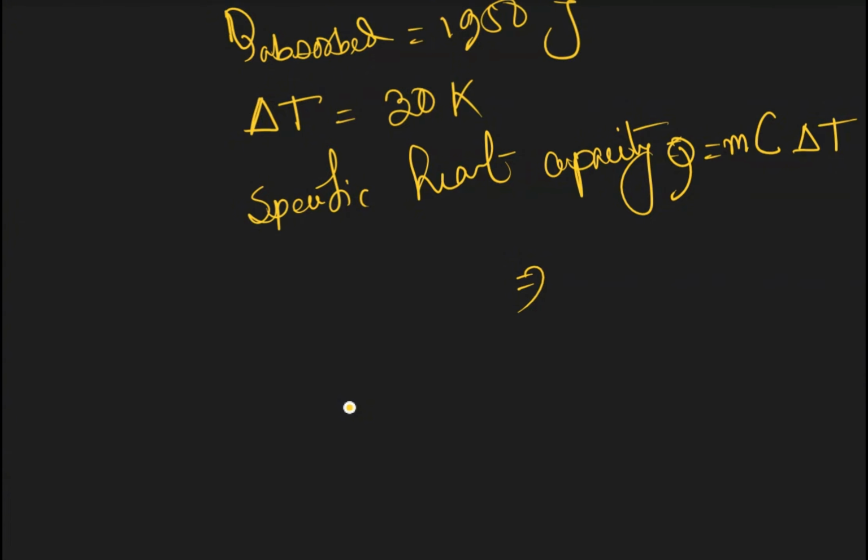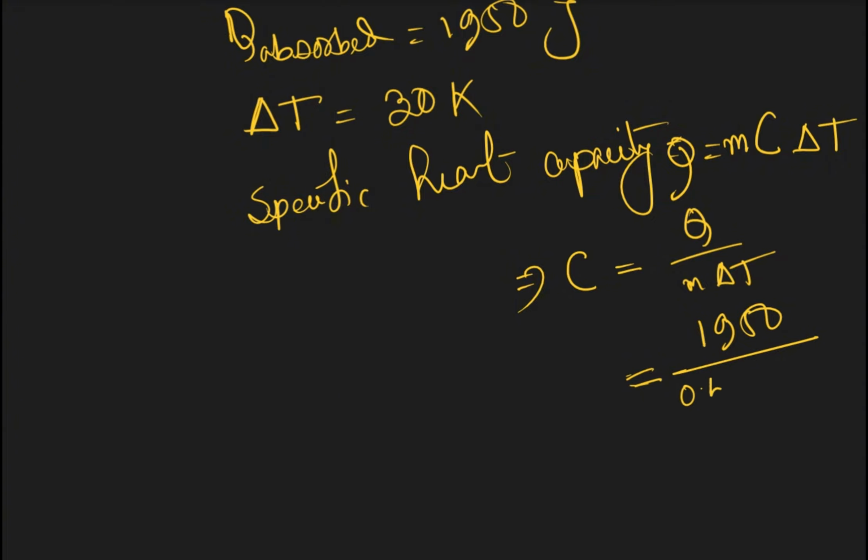So here the value for the specific heat of the wire is equal to Q over m del theta, right? So what is the value of absorbed heat? That is actually 950, and the value of m is 0.5, and the change of temperature is 30 Kelvin.